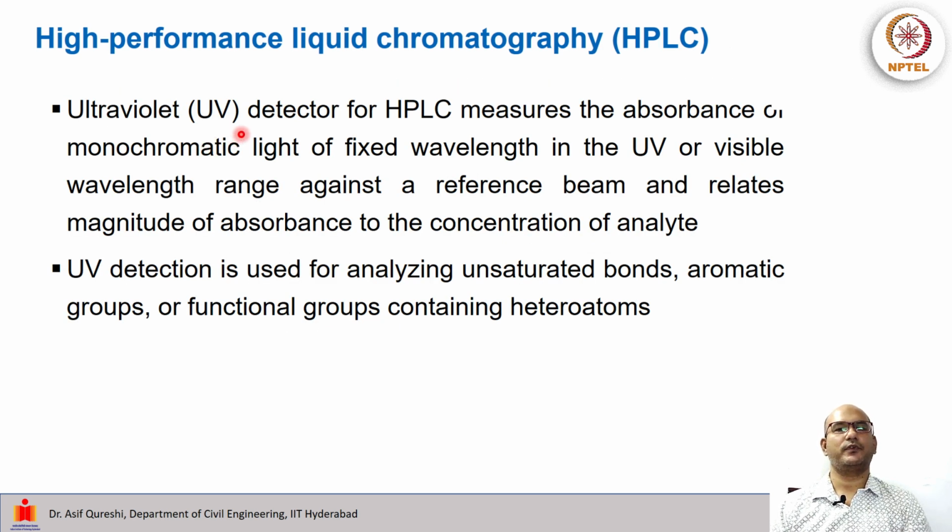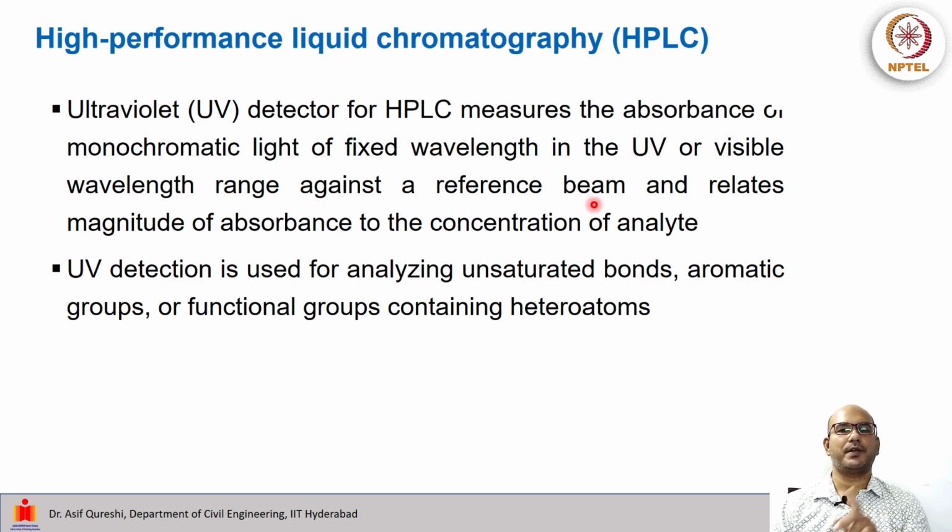If done with the UV detector, we will measure the absorbance of monochromatic light of fixed wavelength in the UV, or sometimes UV vis detector, then visible wavelength range, against a reference beam.